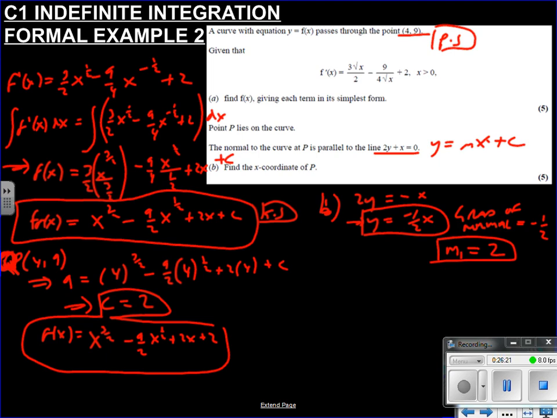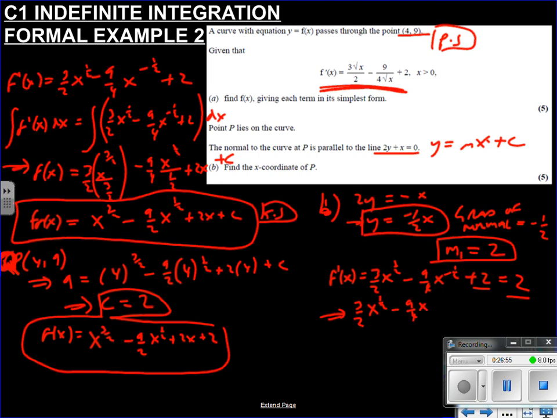Remember, we're talking about gradients here. So gradient means that I'm going back to this f dash here. So f dash of x equals 3 over 2 x to the half minus 9 over 4 x to the minus a half plus 2 equals 2. So we're looking at when this thing equals 2. So the 2 and the 2 cancel out, so I'm left with 3 over 2 x to the half minus 9 over 4 x to the minus a half equals 0.